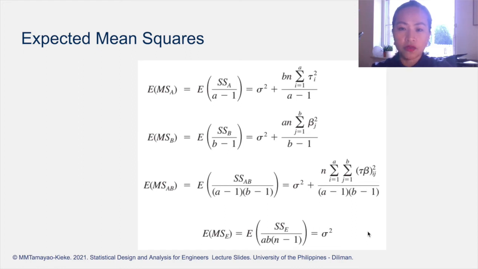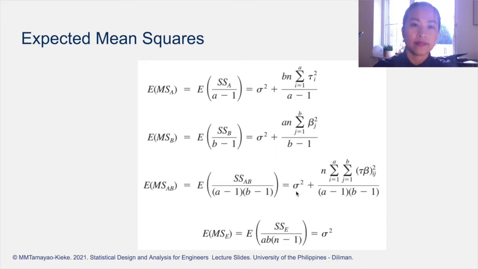Now, if you observe these 4 equations, if it is true that there is no significant effect for factor A, for factor B, or even the interaction, then the second term for the first 3 equations would be equal to 0. Therefore, all expected mean squares would approximate the population variance, which is sigma squared.